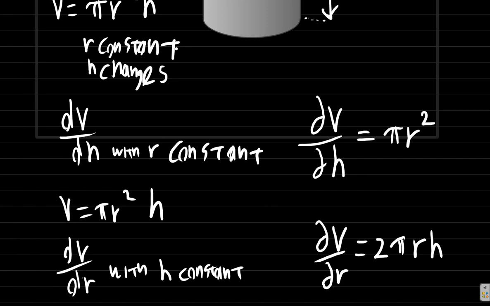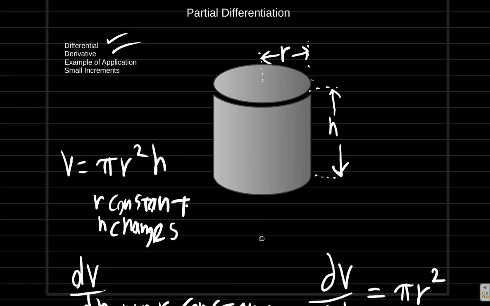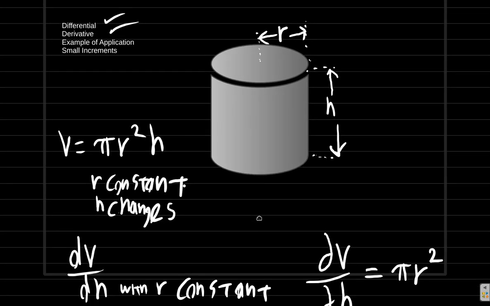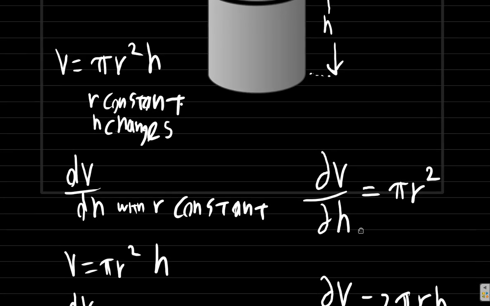So here we looked at r being locked constant and h changes. So we found the partial derivative of v with respect to h. That's delta v by delta h.